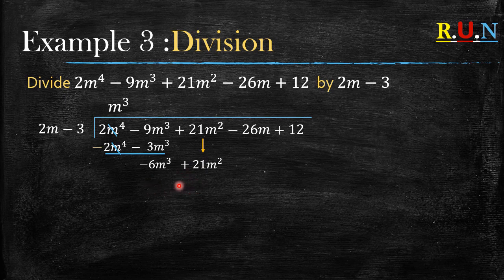So from this point, you ask yourself, negative 6m to the power 3 divided by 2m. What's the answer? The answer will be negative 3m to the power 2. Do you understand how we got it? Let's look at the number part here.